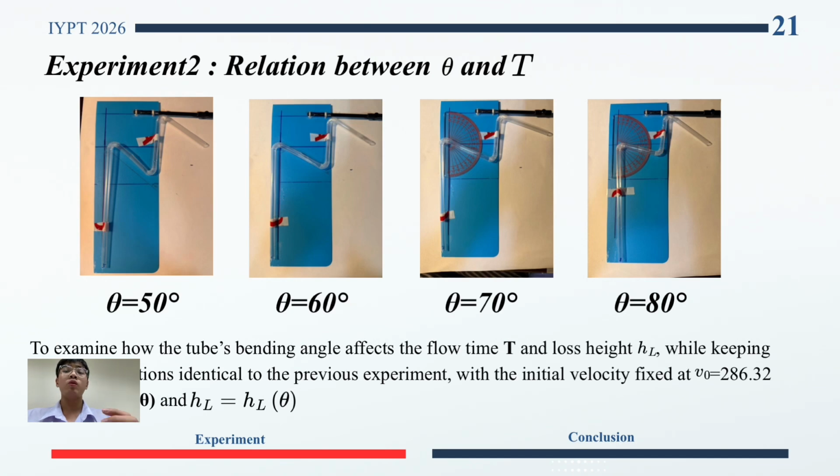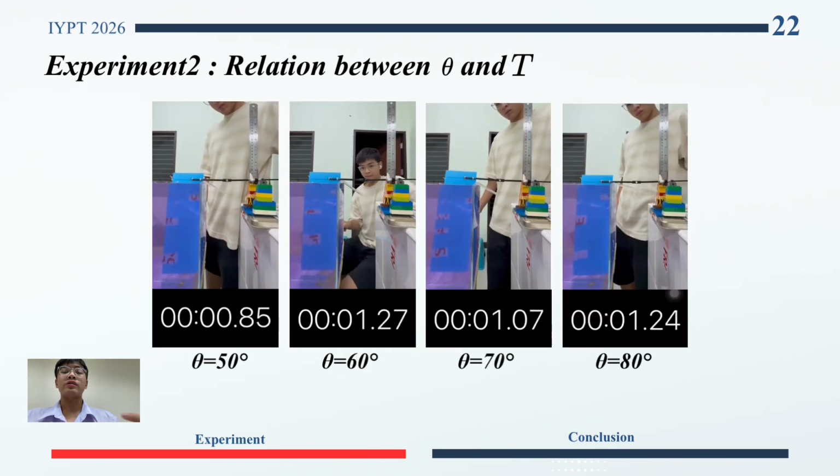In experiment 2, we examine the relation between theta and T, to see how the tube's bending angle affects the flow time and the loss of height, while keeping all other conditions identical to the previous experiment. So the T and HL are relative to theta.